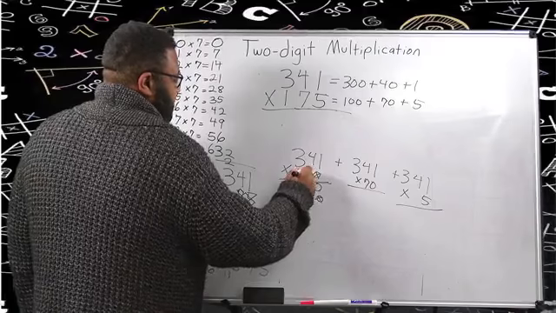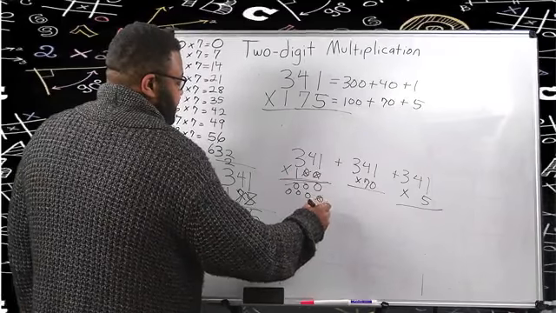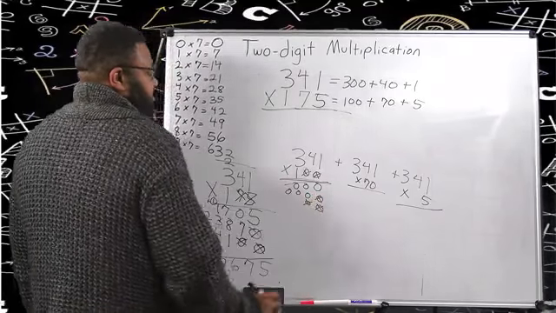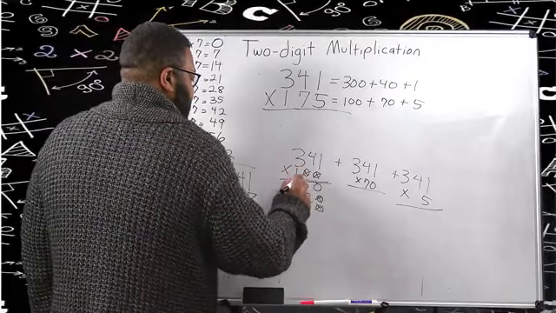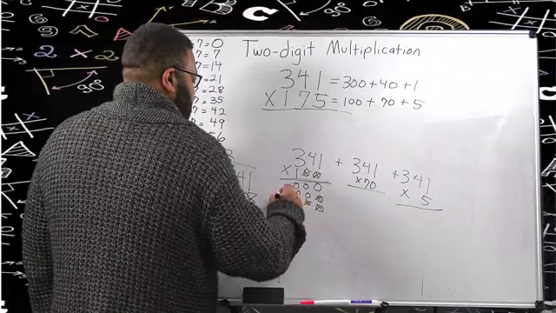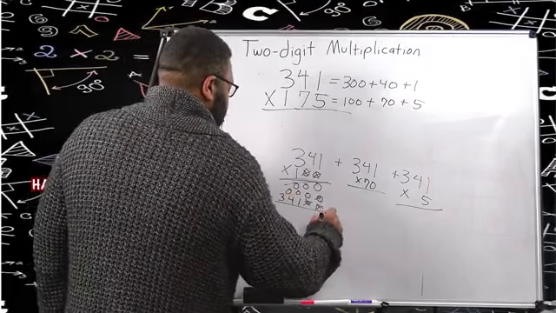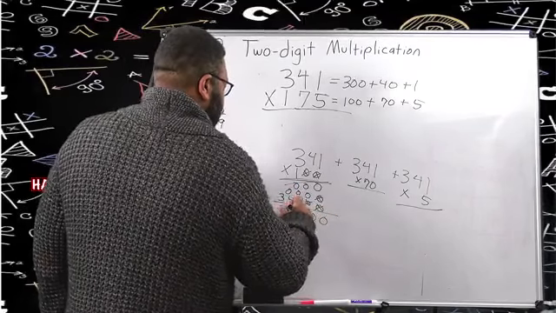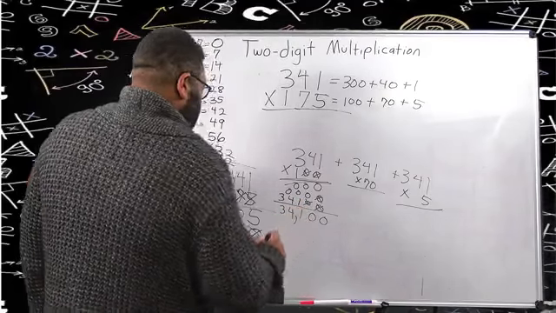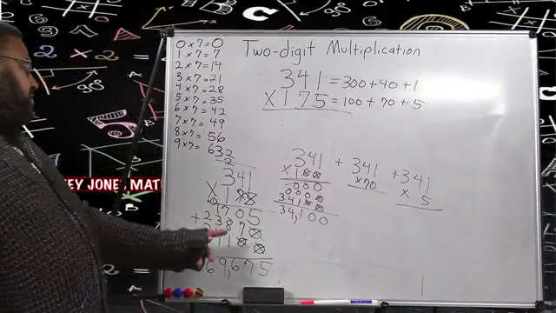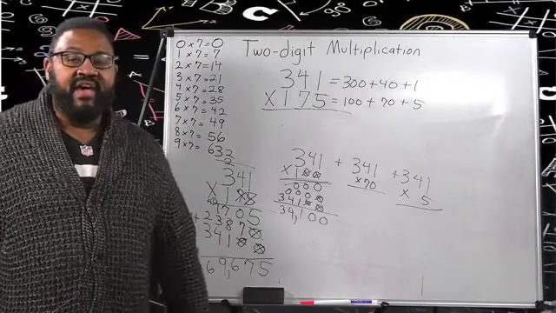Okay? I cross these out here, and I put 2 placeholders here. And this time it'll be 1 times 1 is 1, 4, 3. Add those up together. 34,100. Check. We got a match.